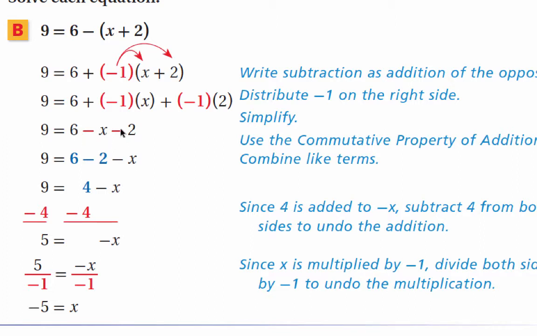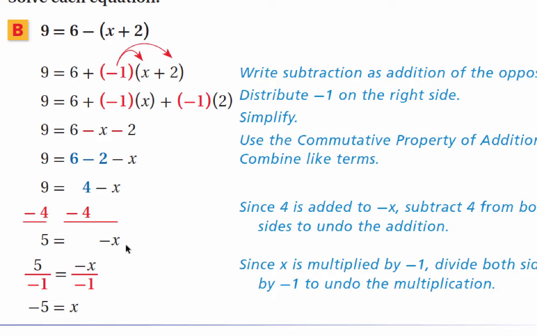The 6 and the negative 2 are on the right, so I switch these terms, looking at the minus signs in front. They're both minus signs, so switching them isn't going to be a problem here. 6 take away 2 is the number 4, and now I start to use inverses. There's nothing in front of the 4, so we assume it's positive. So I use subtraction. Minus 4, and I get the number 5.